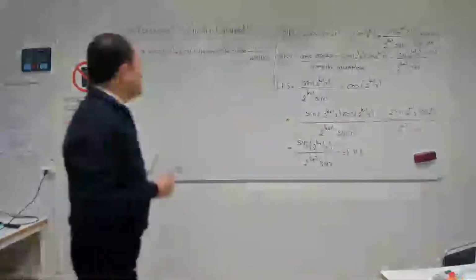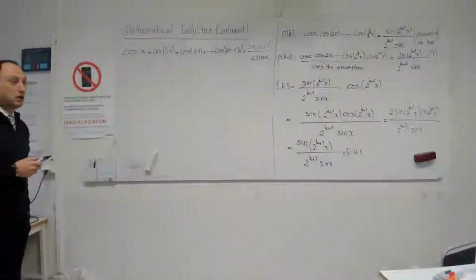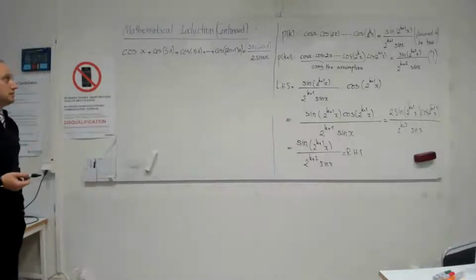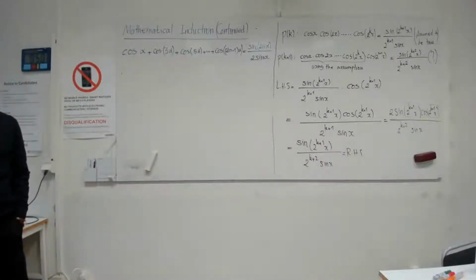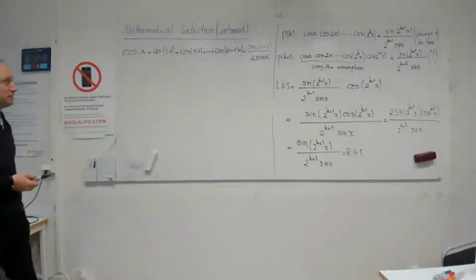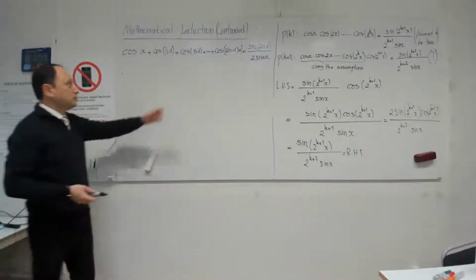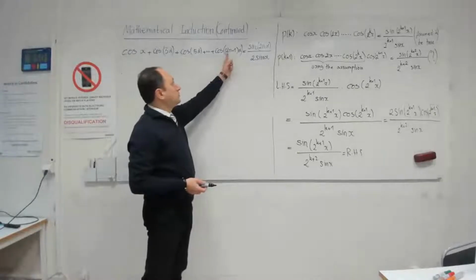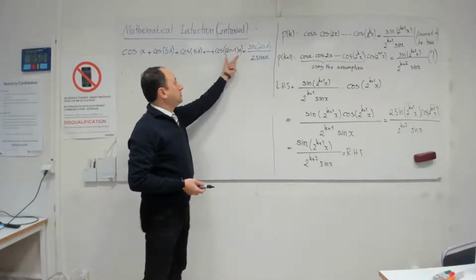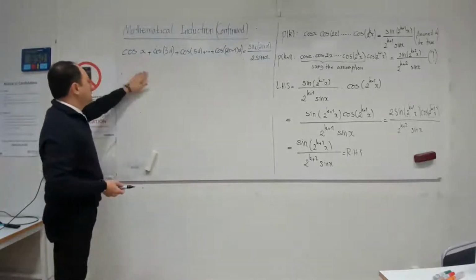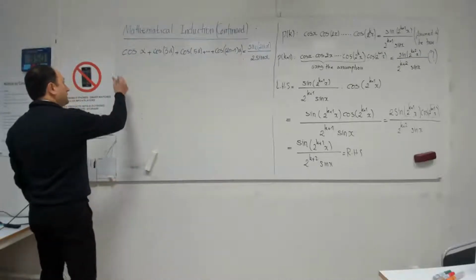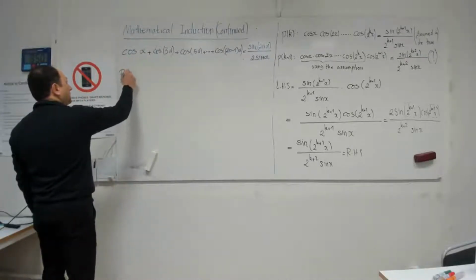So here, what is P1? How many terms from the left-hand side should I keep for P1? How many terms? Just 1. Just 1, yes? Because if I put 1 here, it becomes 1 alpha, which is alpha. So this is the first term. So this is the only term that I have to keep. So I will check P1.